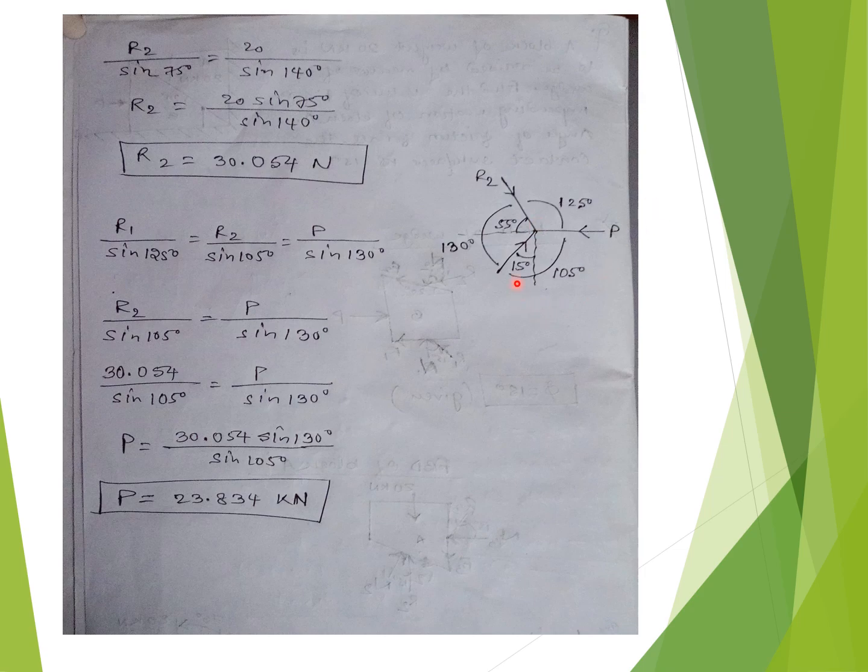R1 by sine of 125 degree equal to R2 by sine of 105 degree equal to P by sine of 130 degree. From here, after calculating, we find the value of P equal to 23.834 kilonewton.